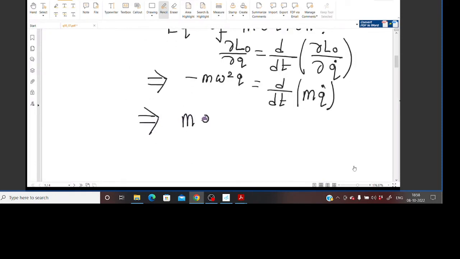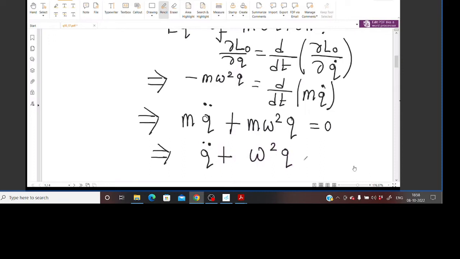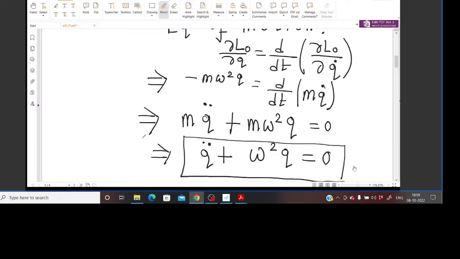So we have m q double dot plus m omega square q equal to 0, or q double dot plus omega square q equal to 0. This is the equation of motion if the Lagrangian is given by L0.